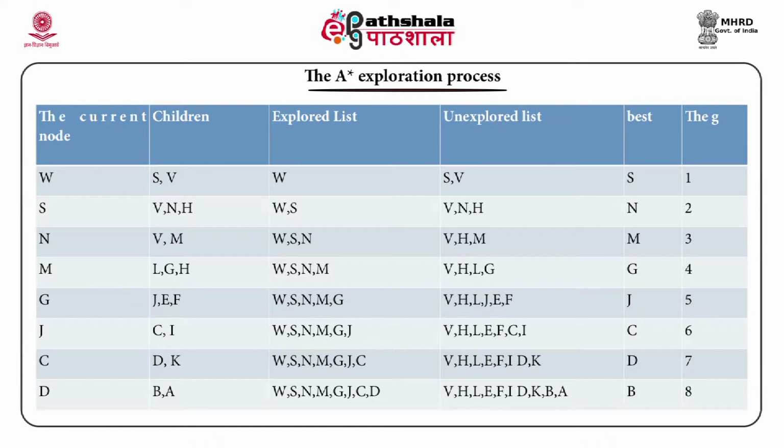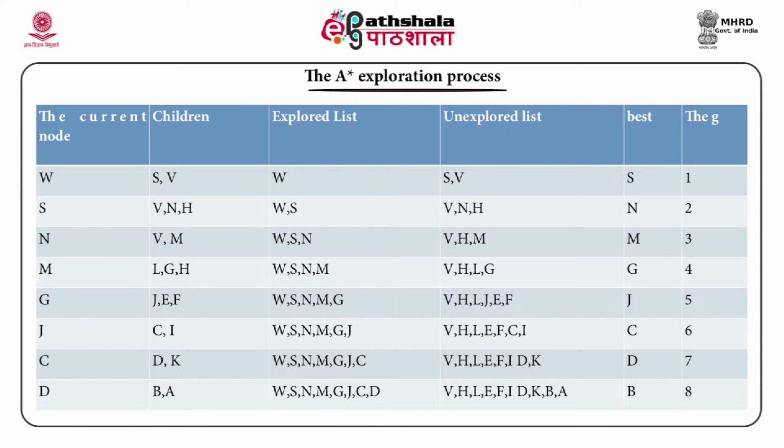It talks about how the nodes are picked up. You can see that in the first row, the current node is W, which has 2 children S and V, and out of that we will choose S. So, that comes as the next node, and every time the children are added to the unexplored list if they are not already added.